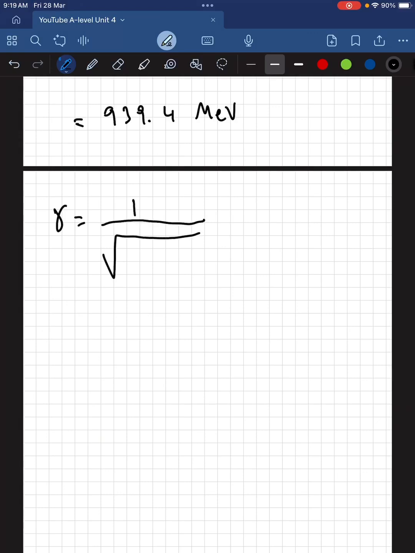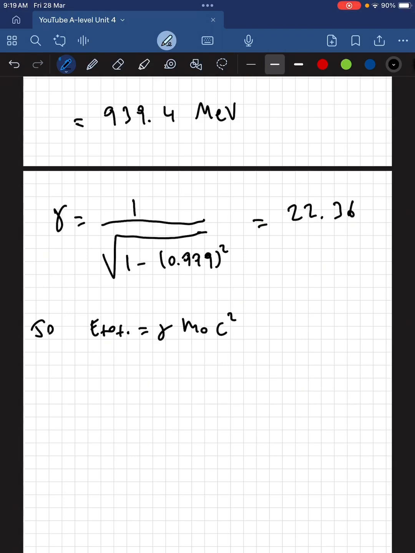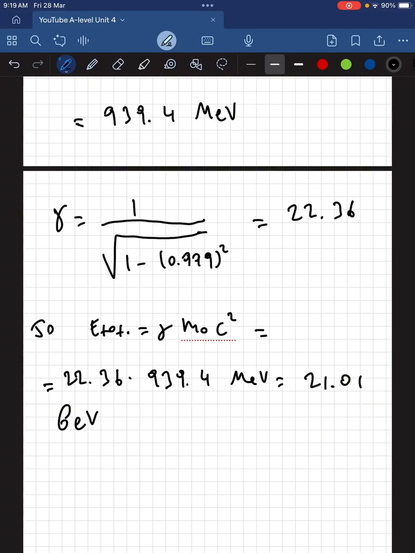So we have 1 over the square root of 1 minus 0.999 squared. If we calculate this, we find 22.36. Gamma is a pure number, always remember that. So the total energy of this proton is gamma m naught c squared, so 22.36 times 939.4 MeVs, which is 21.01 GeVs.